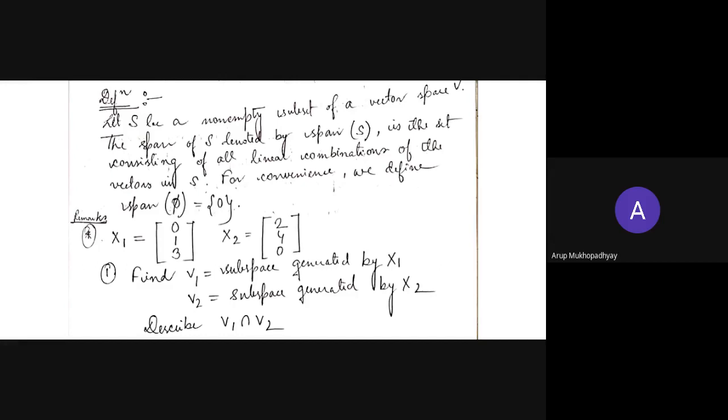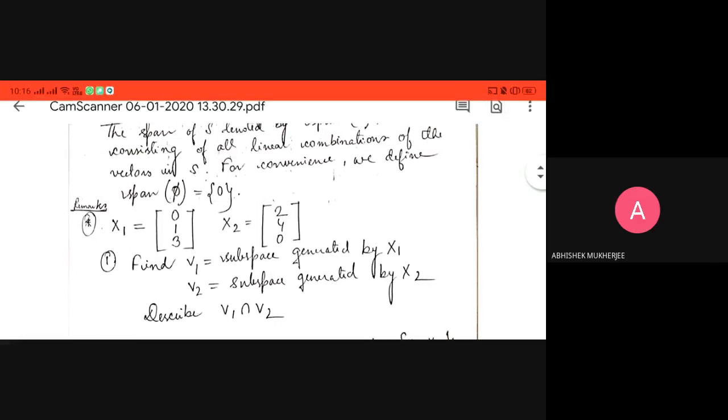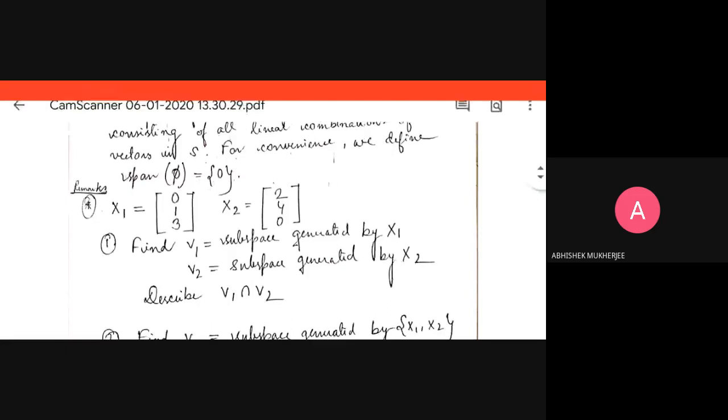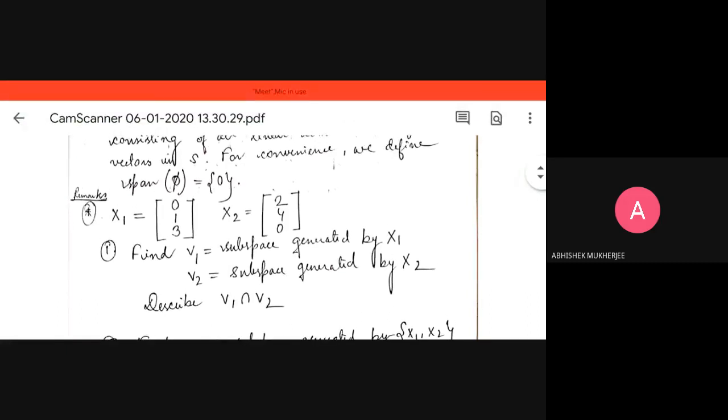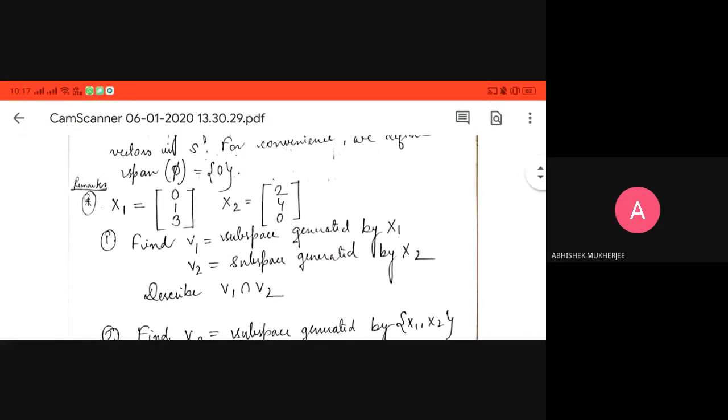Another question was asked: whether you will take the linear combination as finite or infinite. Subroto asked whether you are considering linear combination as finite combination or not. Sir, I will take finite combination.